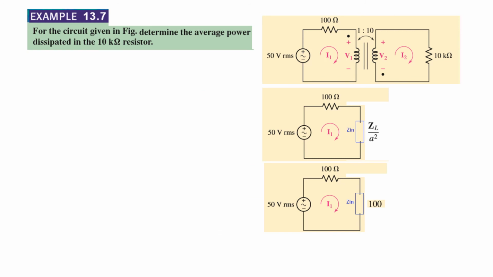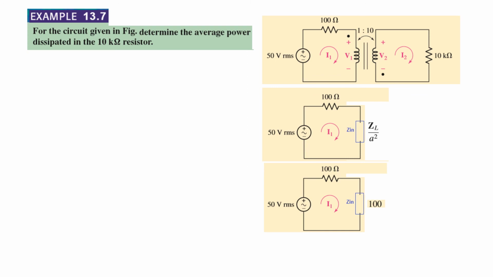Okay, now let's solve or discuss the solved example. For the circuit given in the figure, determine the average power dissipated in the 10 kilo ohm resistor. So straight away we reflect this and bring it to the primary side, and we know the formula that Zin is equal to ZL over A square.